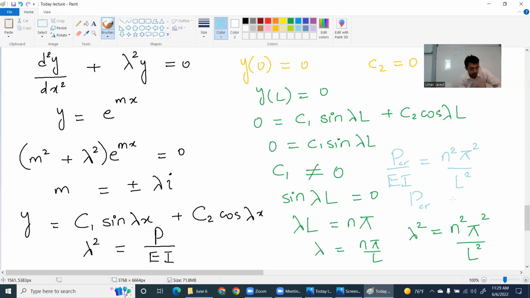And P critical comes out to be n square pi square over L square into EI. Let me write it in a nice orange color. This is what I want all of you to remember. P critical is equal to n square pi square over L square into EI.